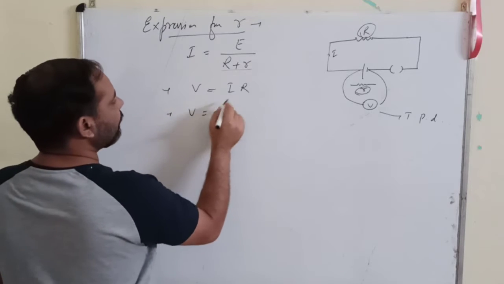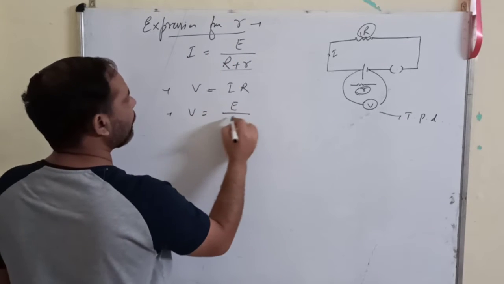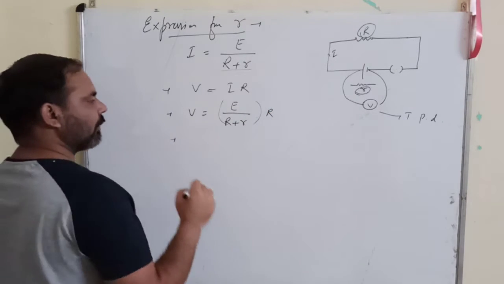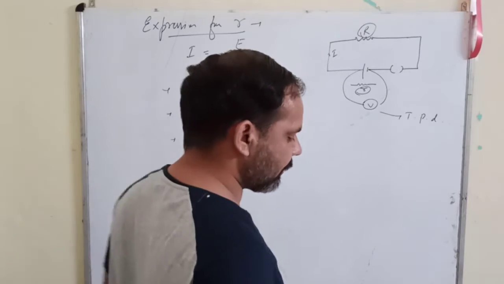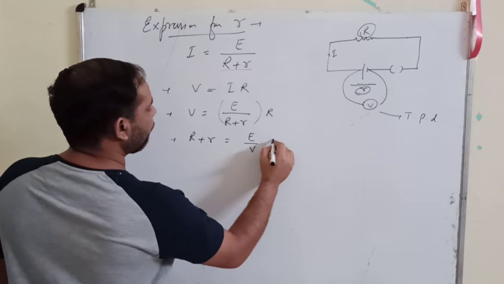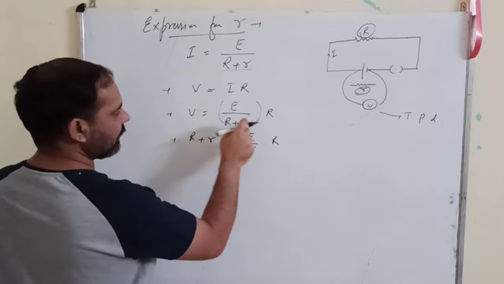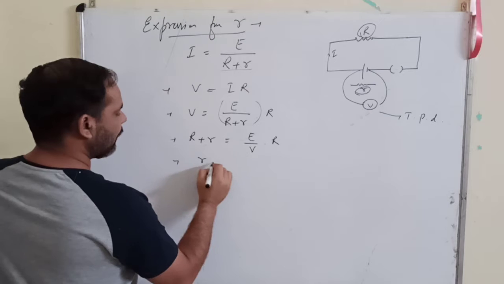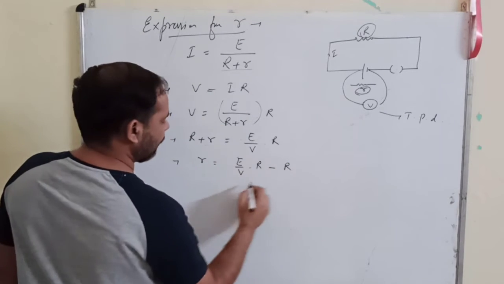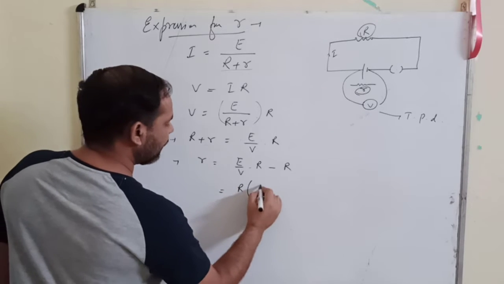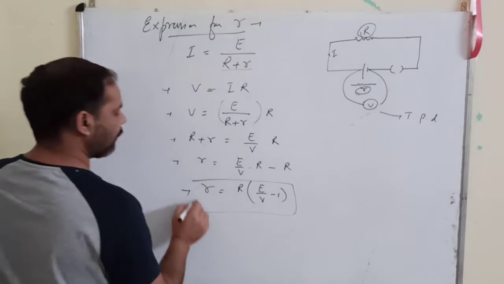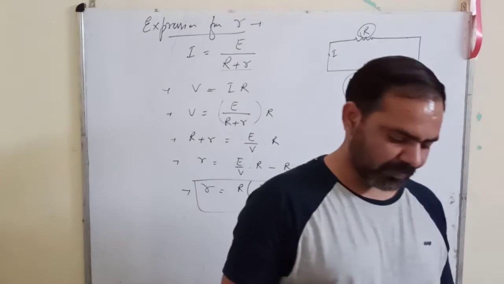Now V equals I R, and I can be replaced by E upon R plus r, into R. So R plus r is equal to E upon V into R. Then r is equal to E upon V into R minus R. Taking R common, r equals (E upon V minus 1) into R, which is the value of the internal resistance of the cell.